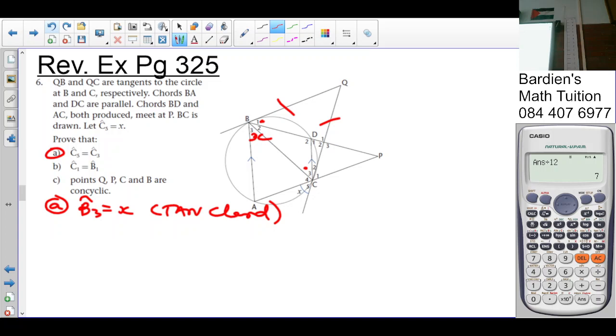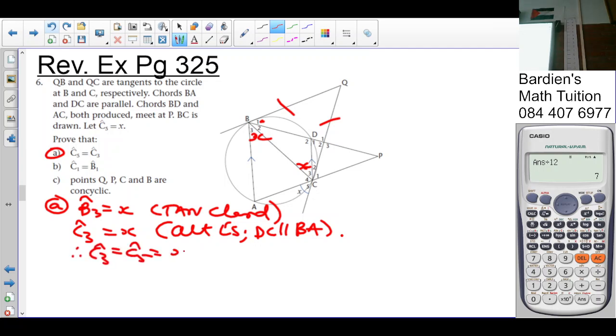Right. Then C3 is x, alternate angles, with DC being parallel to BA. Not so? So therefore, C3 is equal to C5, which is equal to x. So there we've done that job.